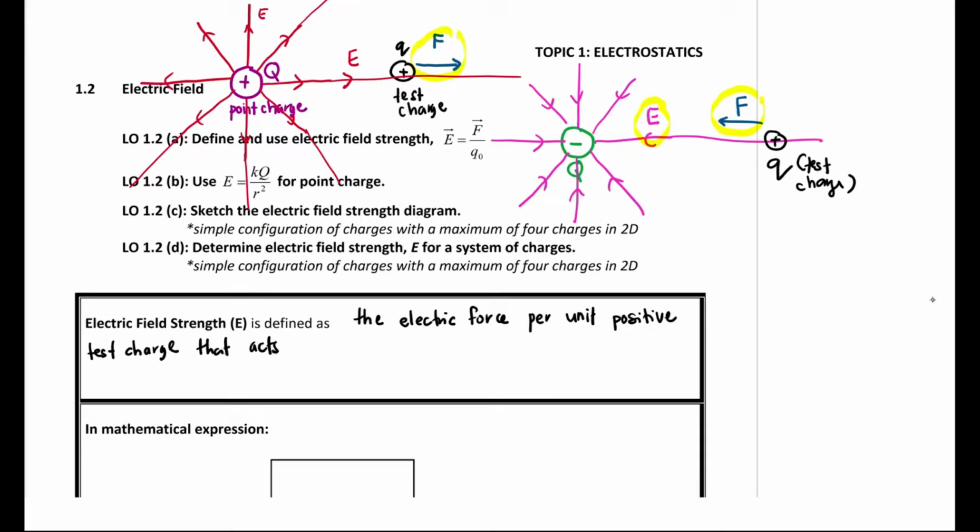And the unit is Newton per Coulomb. And the force is electric force lah ataupun electrostatic force. And the unit is Newton. Q0 is the magnitude of positive test charge.